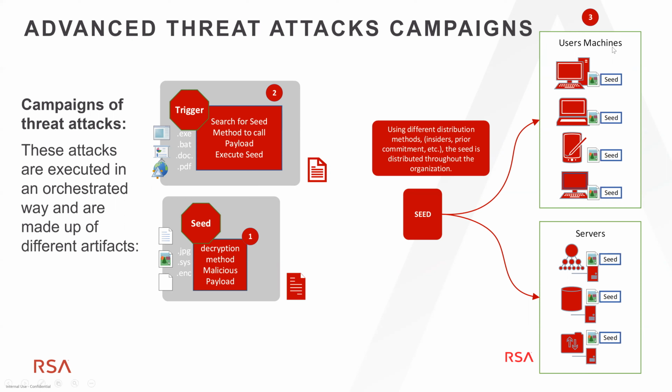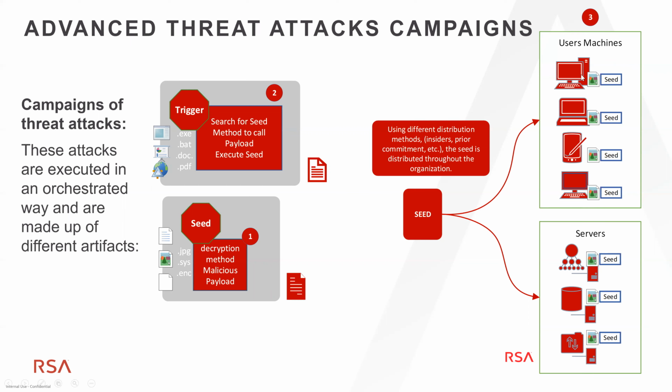As you can see here in the image, this seed has been put in the user machines and in the servers. This seed normally lives there for something like 2 or 3 months, and the EPP is not going to be able to detect it, because as I said before, this seed is not malicious by itself.